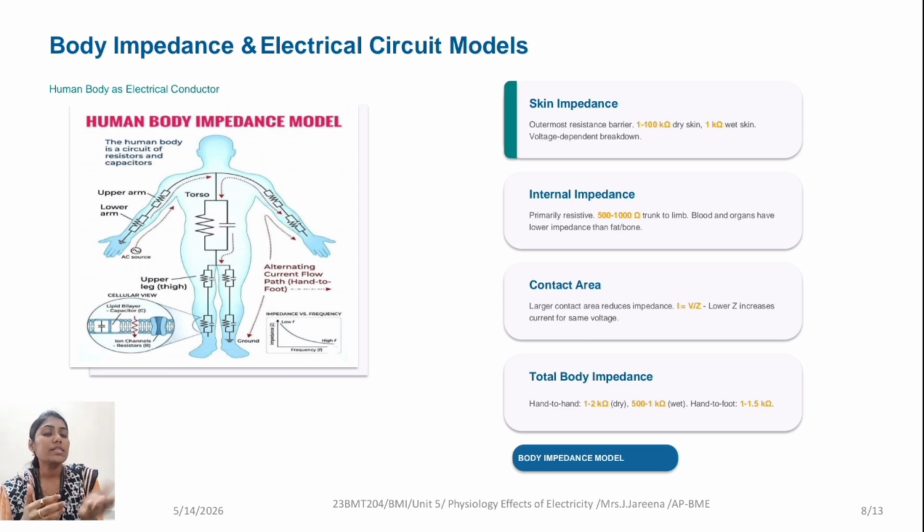Skin impedance depends on the sweat glands, whether the skin is dry, oily or wet, and the impedance level changes accordingly and limits the current. We also have internal impedance in the contact area, where it contacts bony or muscle areas, and we have to consider the total body impedance too. So impedance plays a very important role in limiting the current flow.